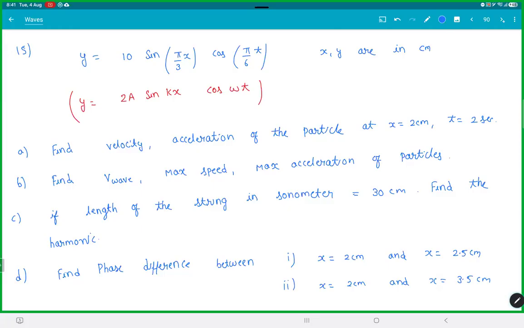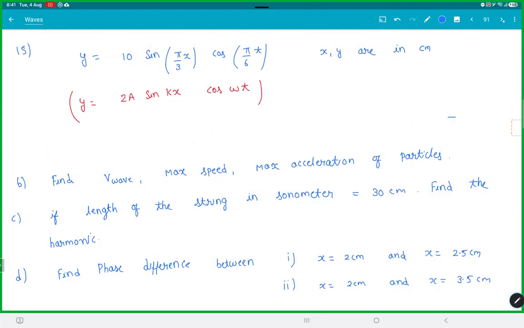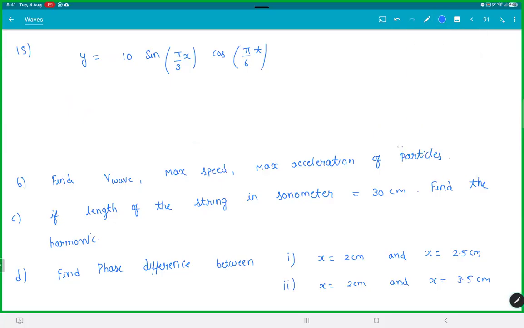Let's go one step at a time. So first thing, find velocity and acceleration of the particle. It's straightforward: if you want velocity and acceleration, just differentiate it. So velocity v will be dou y by dou t, partial differentiation.